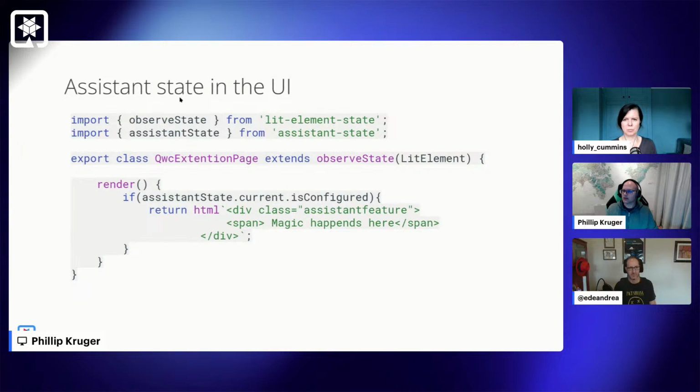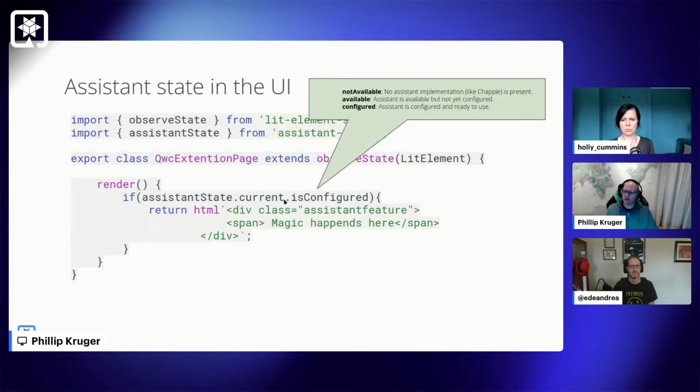So in my case, in this example, I import the assistant state, and then I can see whether or not it's configured. Based on that, I decide whether or not I want to load something. For instance, that button that says click here to generate more test data will be in an if like this.